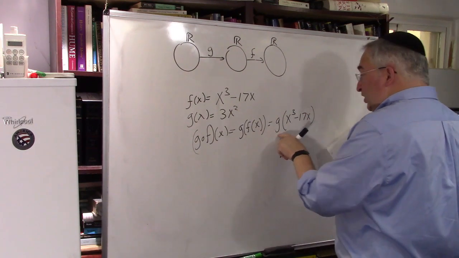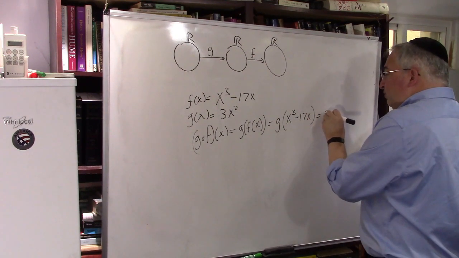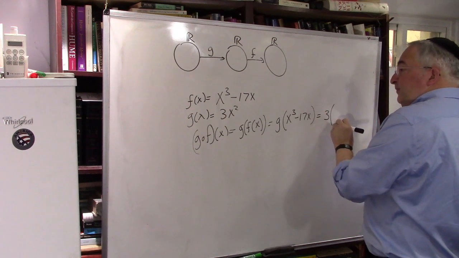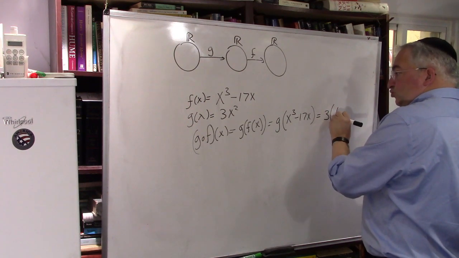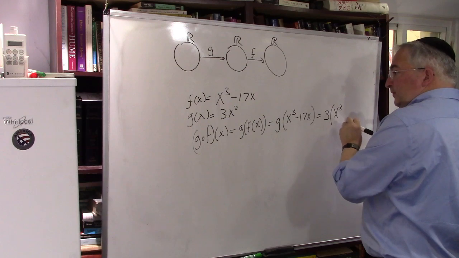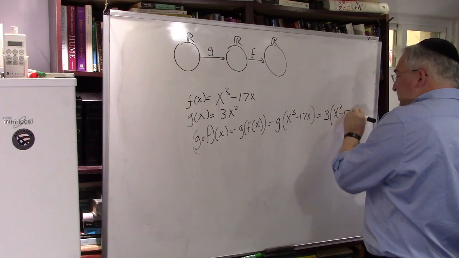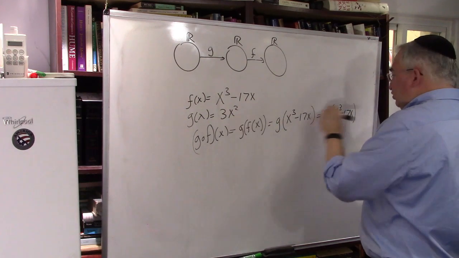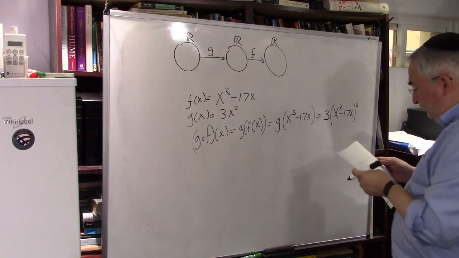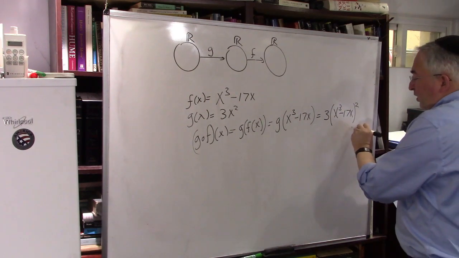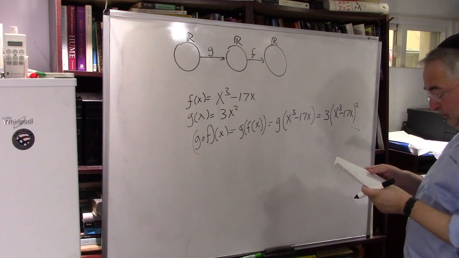Now we do g of that. This is equal to 3 times x to the third minus 17x, and then square it. Okay? And you might have to work out all the details of this. Not interested in doing it.